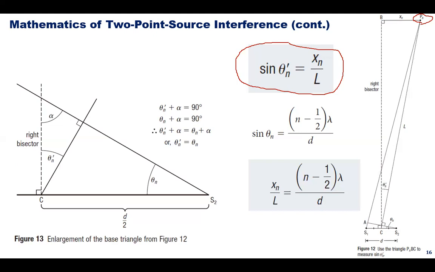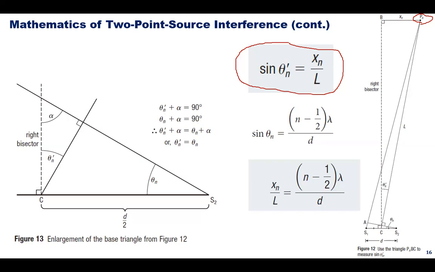Since we have sine theta n equals (n minus 1/2) times the wavelength lambda over d, and since the right bisector CB is perpendicular to S1S2, we can see in figure 13 that theta n prime is equal to theta n.